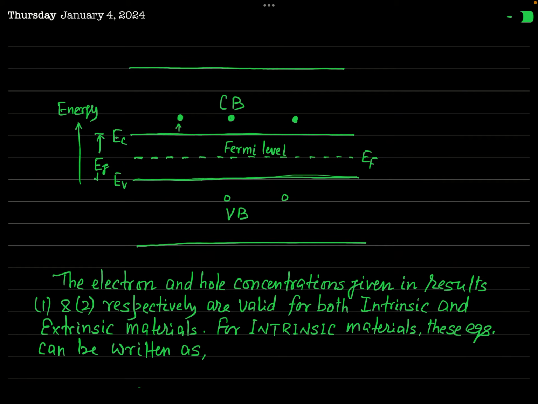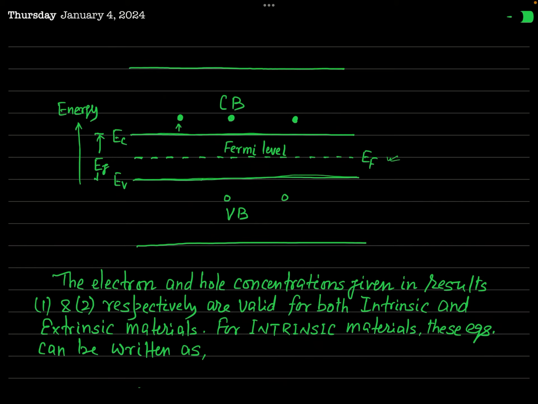The Fermi level of this intrinsic semiconductor lies between this Ec and Ev, which I have denoted by the symbol Ef. In this lecture, our aim is to find what this Ef will be, that is, the Fermi energy or Fermi level, particularly in the case of intrinsic semiconductor.